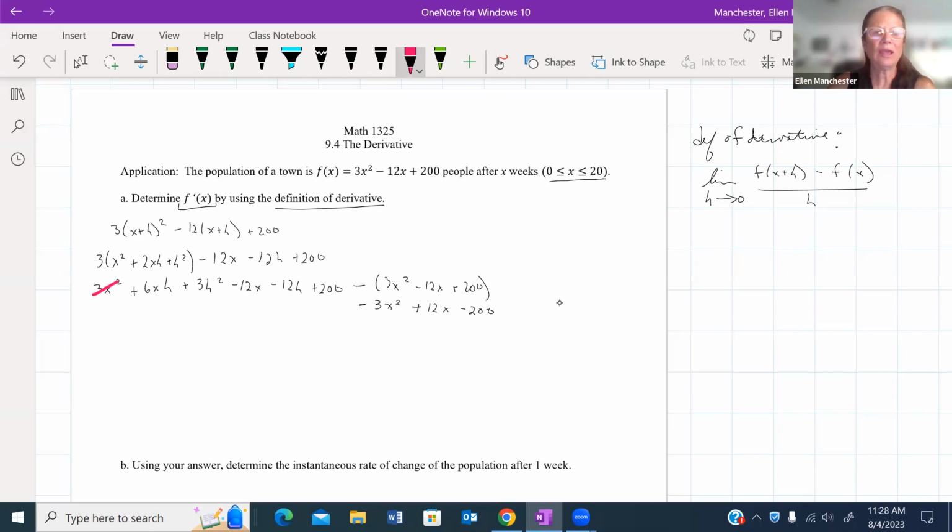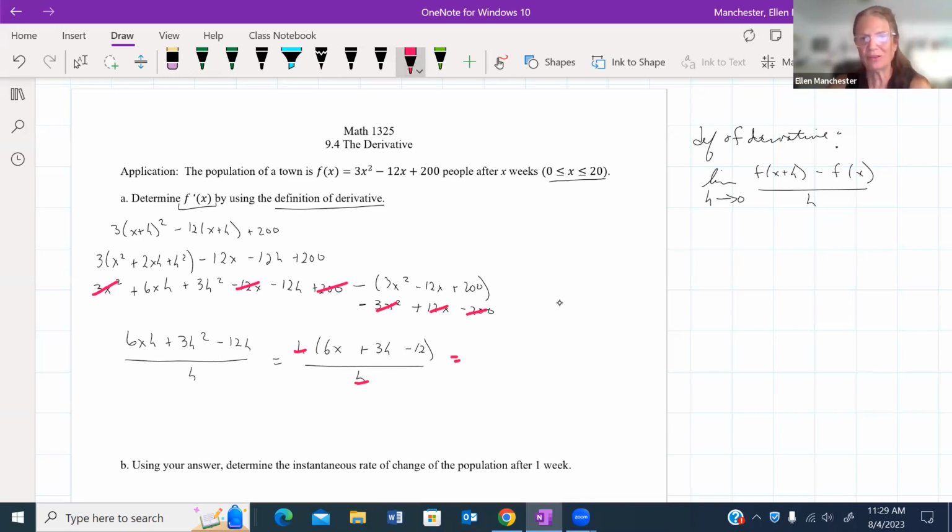Now I'm going to cancel. And all I have left is 6xh plus 3h squared minus 12h, divided by h. So now I'm going to factor the h out, and I can cancel.